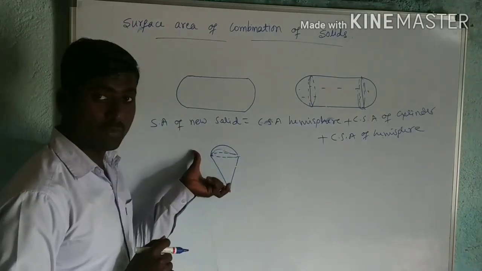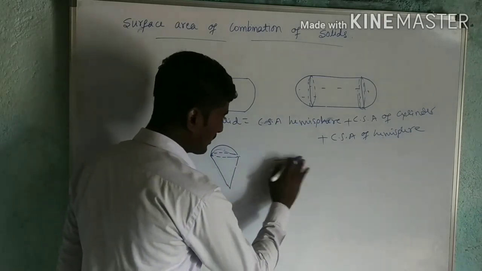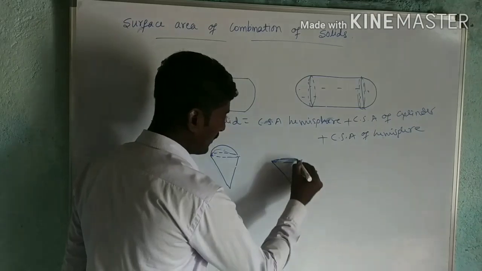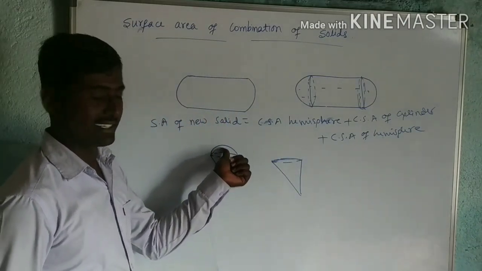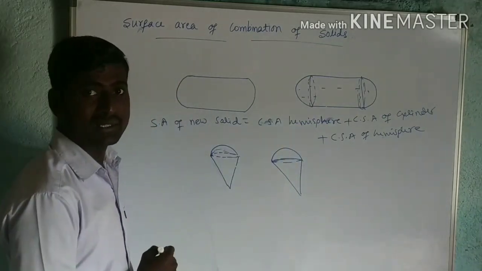It is a combination of what? Here a cone is there, the cone will be in this way. To this cone another solid is attached. That solid is a hemisphere.